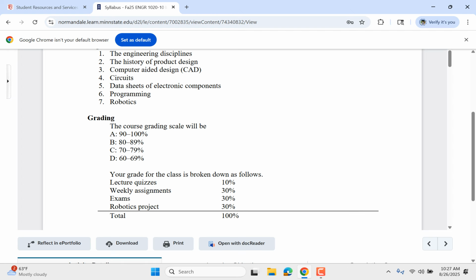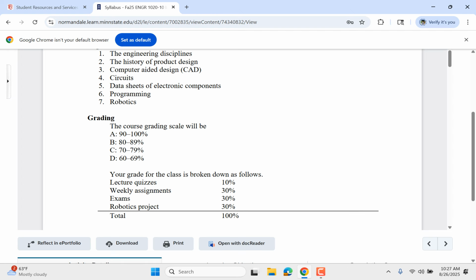So start thinking about people that you think you'd work well with. Start thinking about what groups you'd like to be in at the end of the semester. That's just a way to put all of this stuff together. We're going to use 3D printed parts.